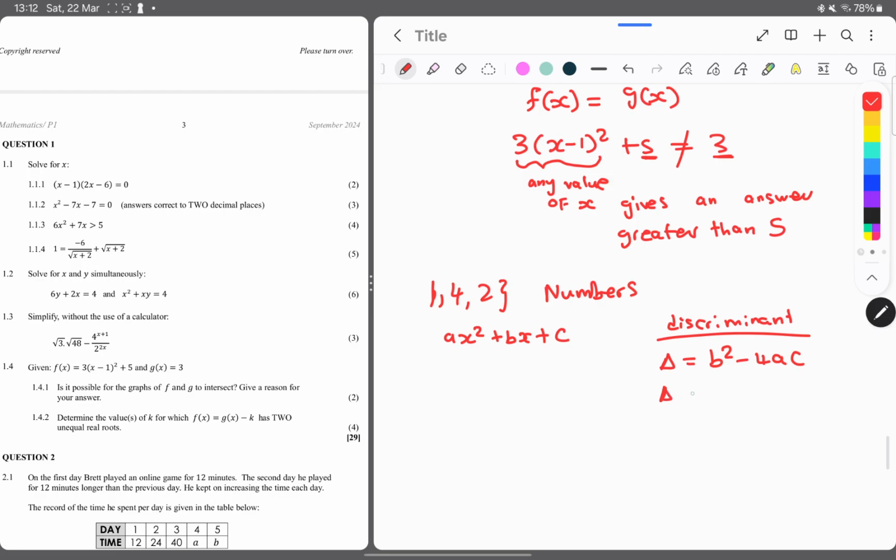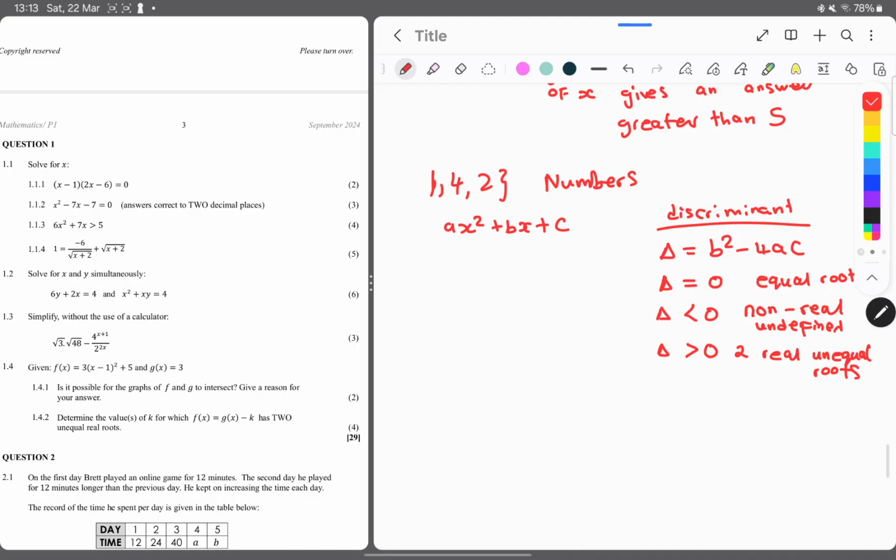We learned that delta equal to 0 means equal roots, delta less than 0 means none are real, or undefined, and delta greater than 0 means two real unequal roots.